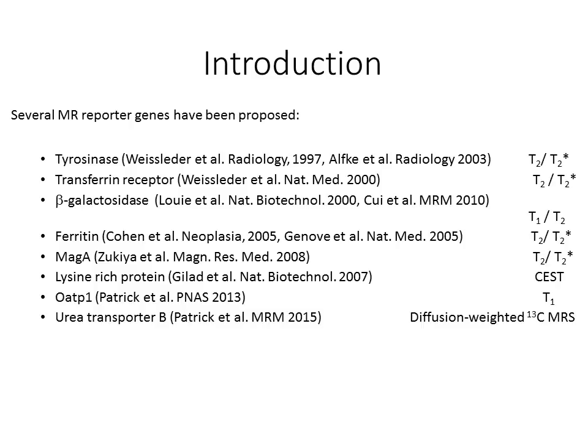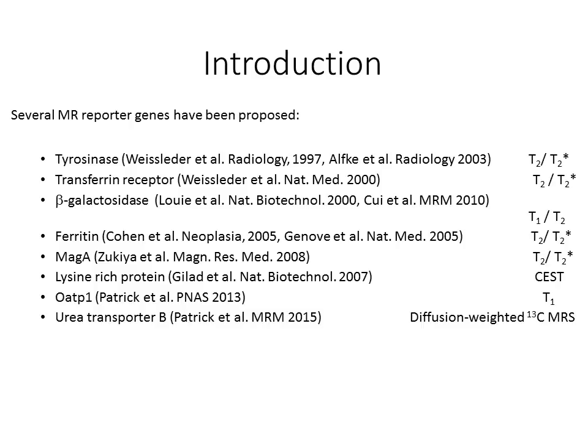More recently, another interesting example from Jeff Bulte and Peter van Zijl is the lysine-rich protein, an artificial protein containing many lysine residues. And they detected expression of this reporter using CEST, by looking at chemical exchange saturation transfer between the amide protons on LRP and water.